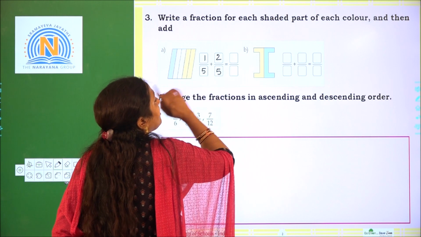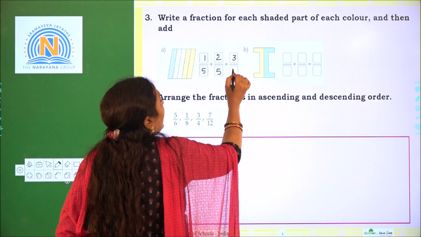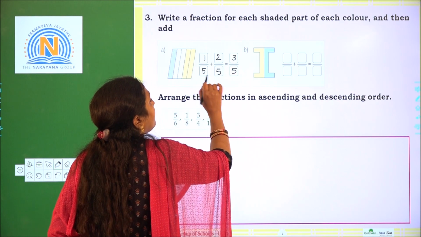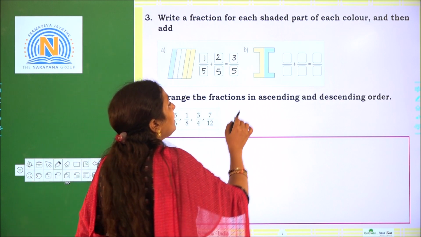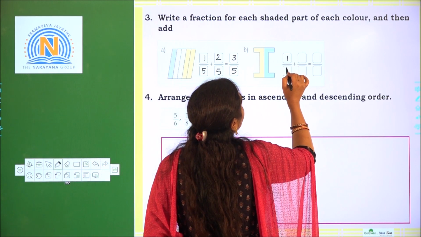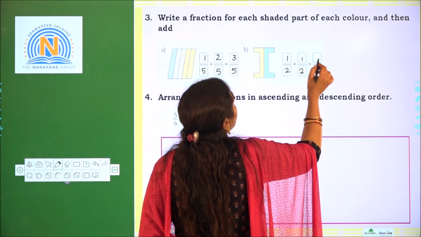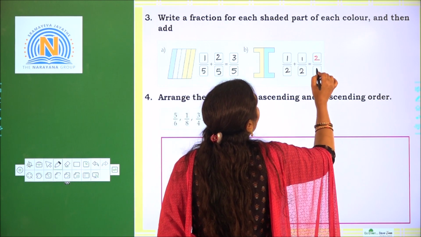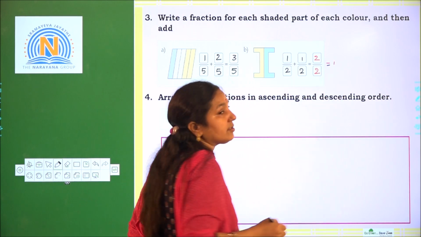So the total shaded parts are 1 plus 2 is 3 by 5, because we have the same denominator. 3 by 5. Next here, 1 by 2 part is yellow, 1 by 2 part is blue. So 1 plus 1 is 2 by 2, the complete part is shaded, nothing but 1 also, children.